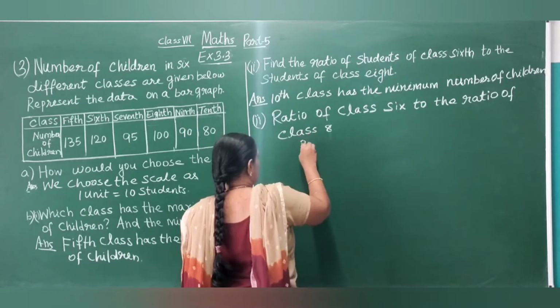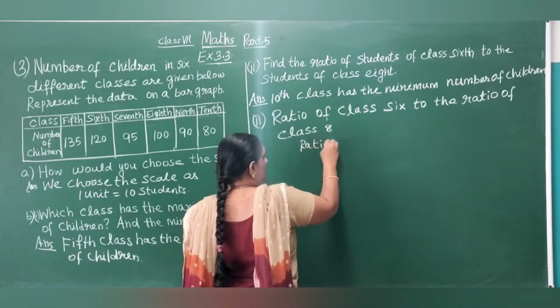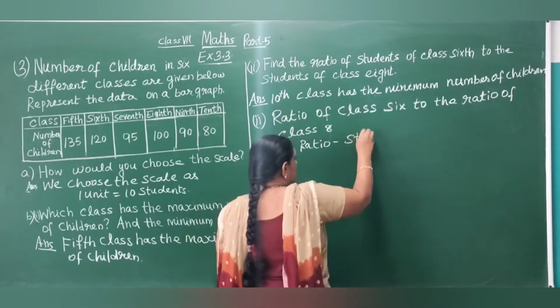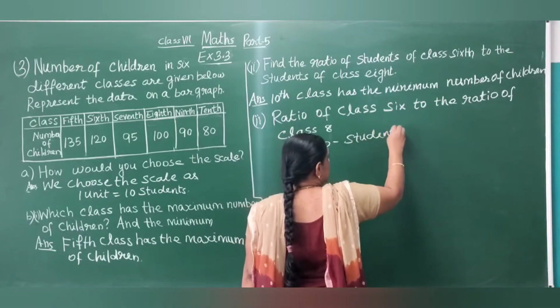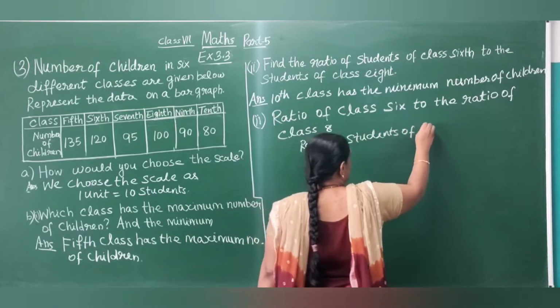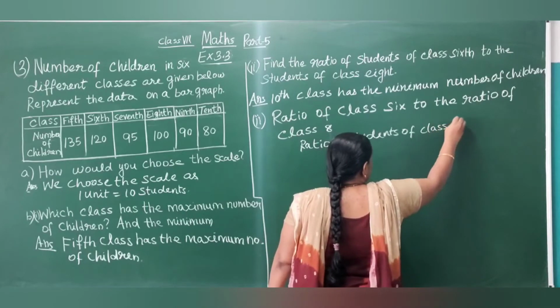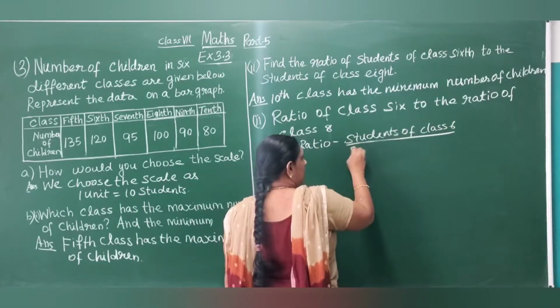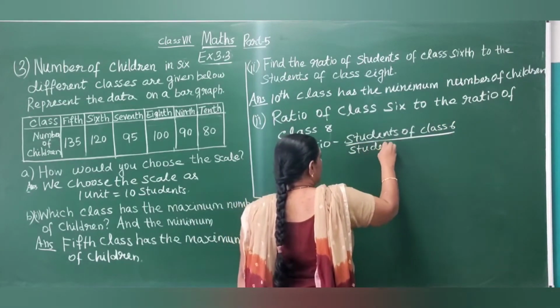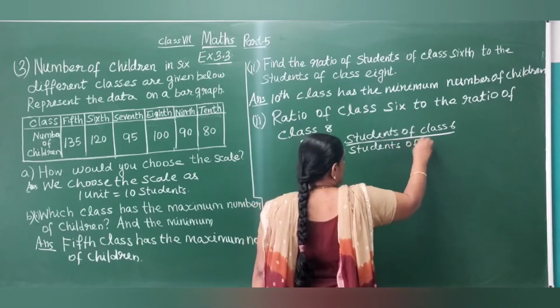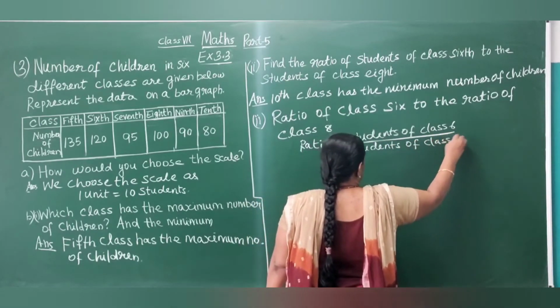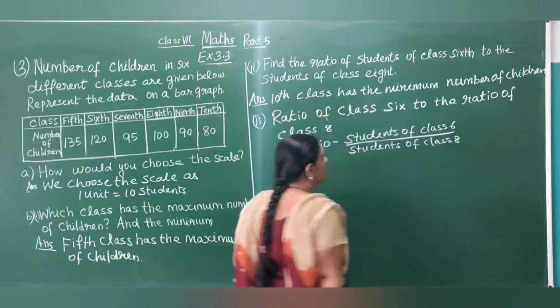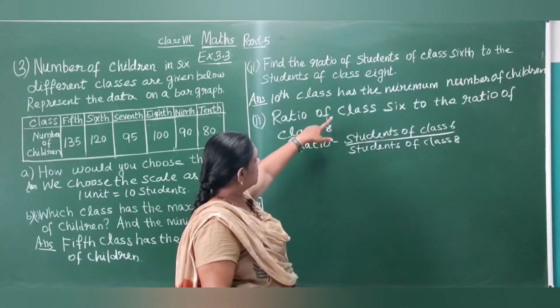So ratio is equal to students of class 6 divided by students of class 8.